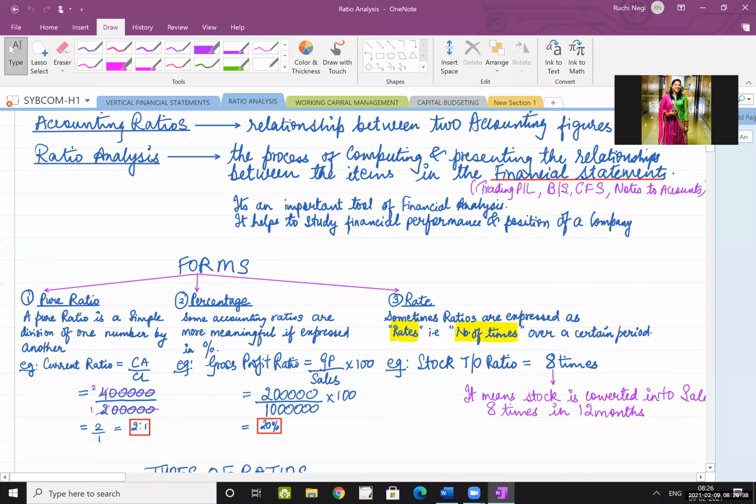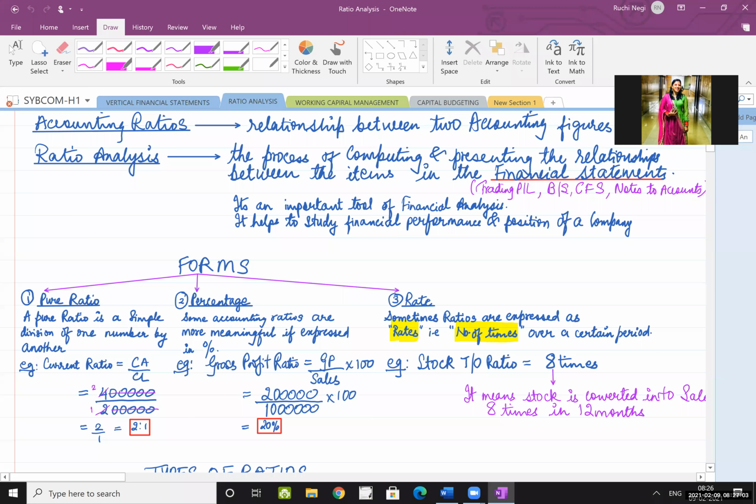I have given here a small example of one of the ratios that you will be studying further, that is the current ratio. Current ratio is one form of pure ratio, and the formula is current assets upon current liabilities. Say my current assets are 4 lakhs and my current liabilities are 2 lakhs.